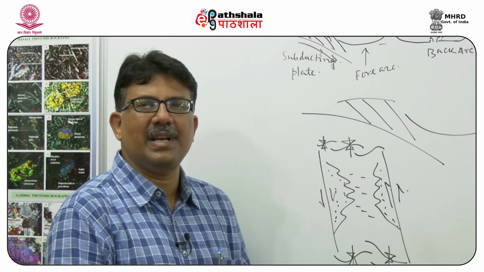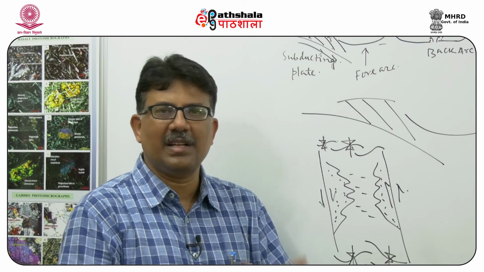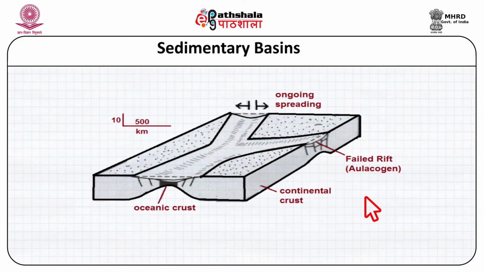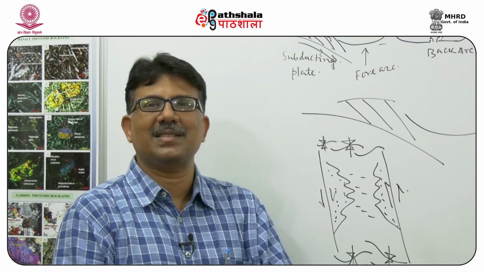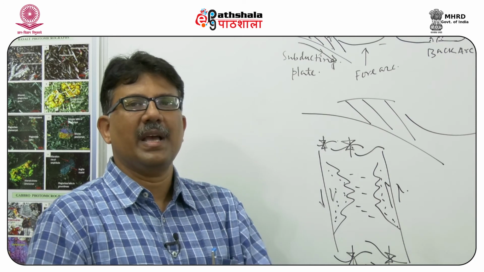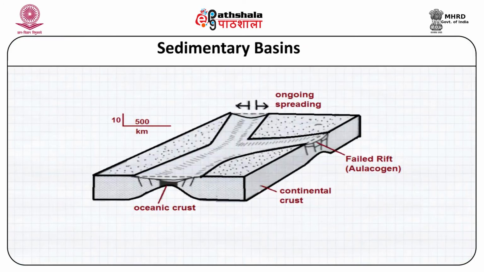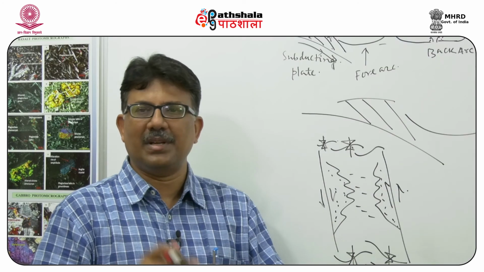In case of aulacogen, it is a failed rift, the one rift which couldn't open, while the two other limbs of the triple junction opened in the form of an open basin, but the other limb cannot open. Our Cambay, Gulf of Cambay is a classic example that shows a kind of aulacogen. It will be more spread, more wide towards the sea and become narrow towards the continent. That is the kind of situation in an aulacogen.